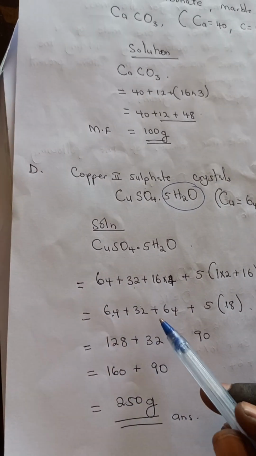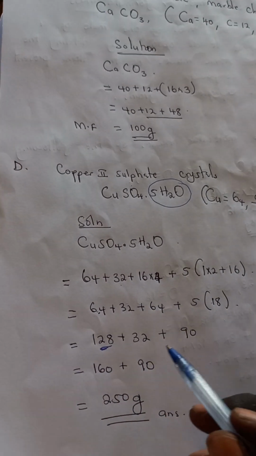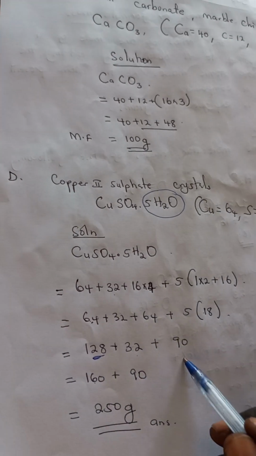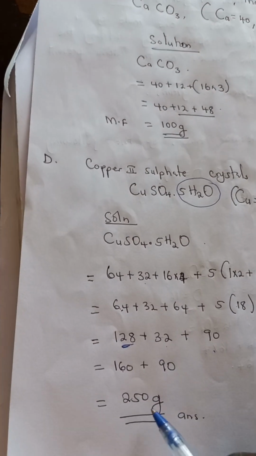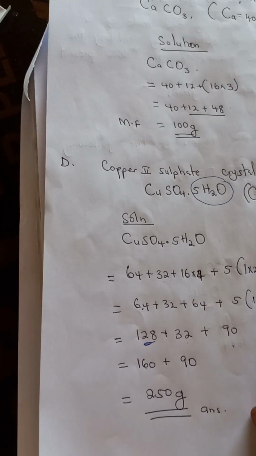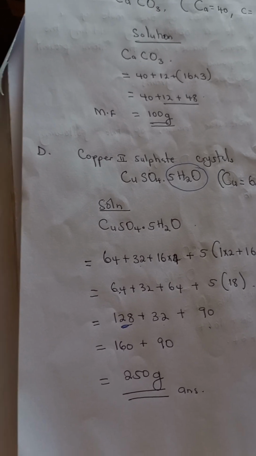When you add 64 and 64, you get 128, plus 32, plus 90. This will give you 160 plus 90, and simply is going to result into 250 grams, which is the molecular mass of hydrated copper 2 sulfate.